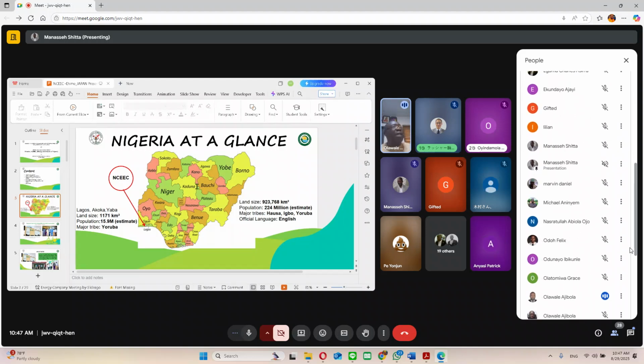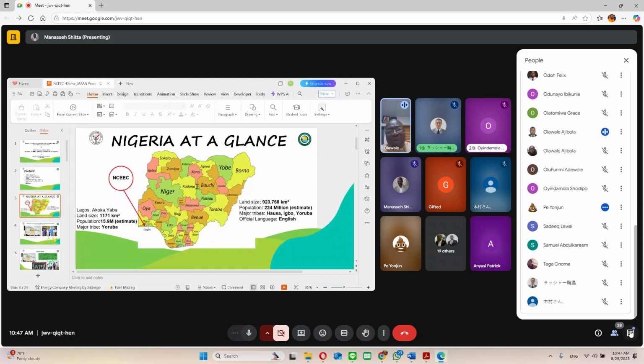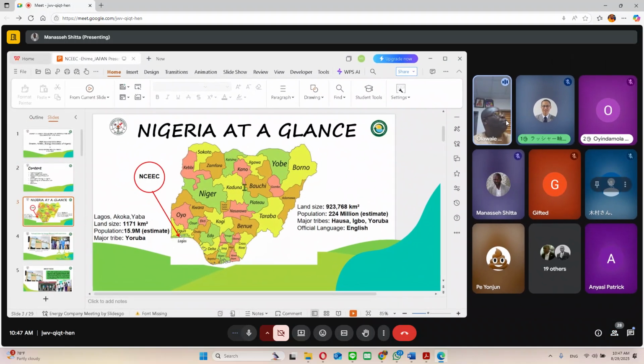But all of us coexist in very great harmony with a lot of understanding. Nigeria occupies a landmass of about 1,171 square kilometers.